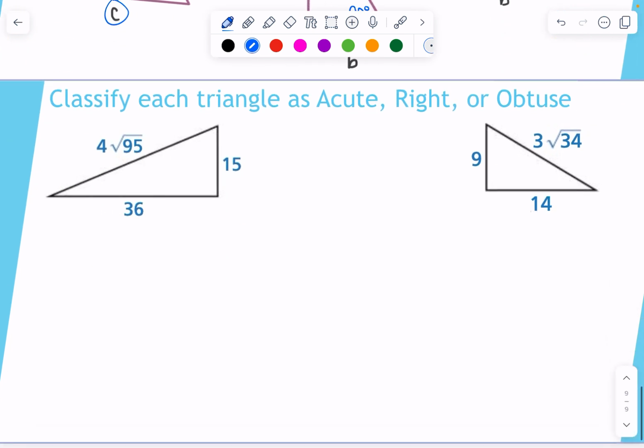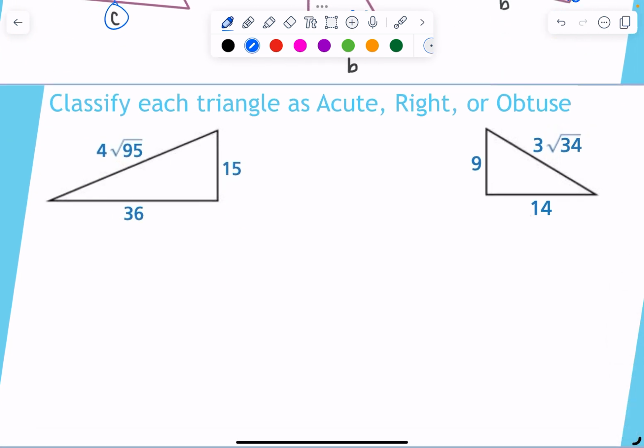So let's classify each of these triangles as acute, right, or obtuse. So I take a look and I say, okay, who is the biggest angle here? Well, we got to find that. We got to find the largest one. So if I look, I have 15, 36, and I'm going to find the measurement of 4 square root of 95.